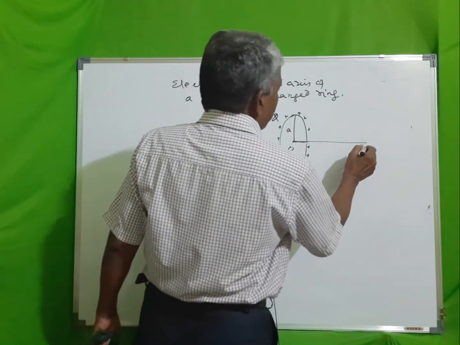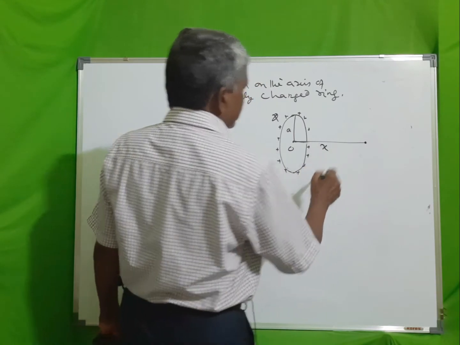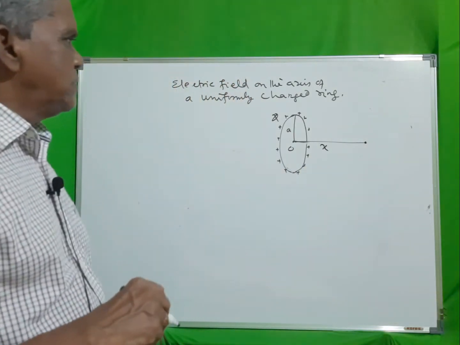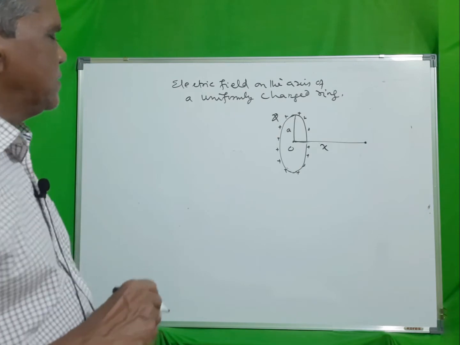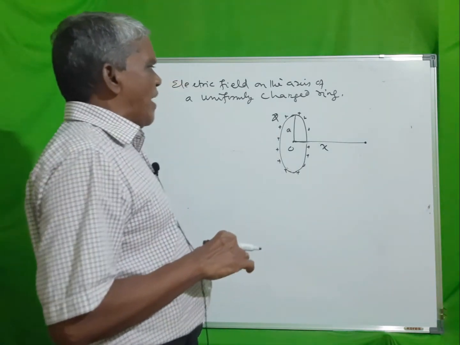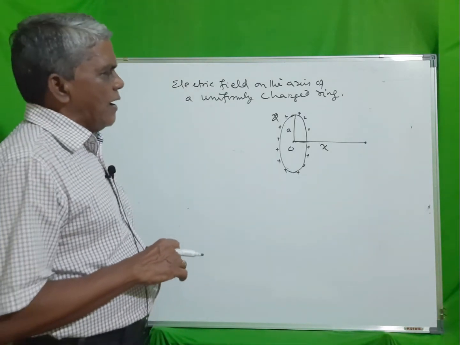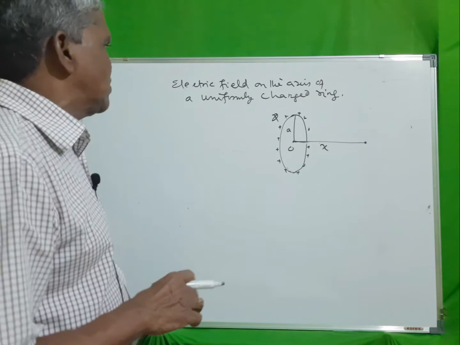Let us consider a point at a distance x from the center on the axial line. That means if the ring is in the yz plane, then we want to find the field along the x-axis.